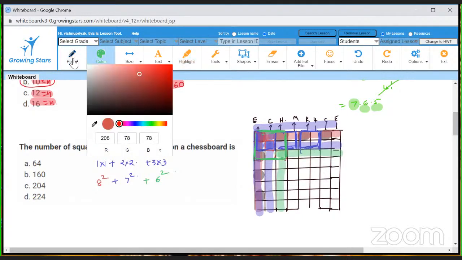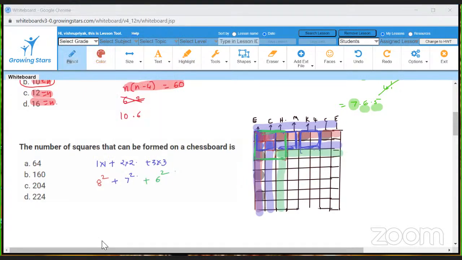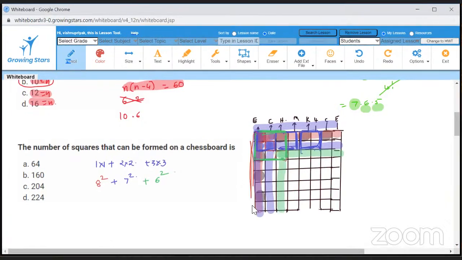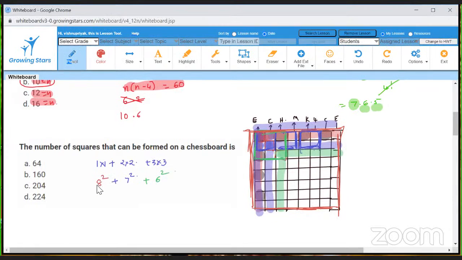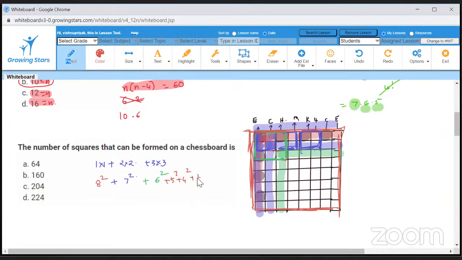Like that, if you continue making 4, 4, 5, 5, 6, 6, 7, 7, 8, 8 squares. When you take 8 squares, in the end, this is the big square formed. So 8 square plus 7 square plus 6 square plus 5 square plus 4 square plus 3 square plus 2 square plus 1 square.